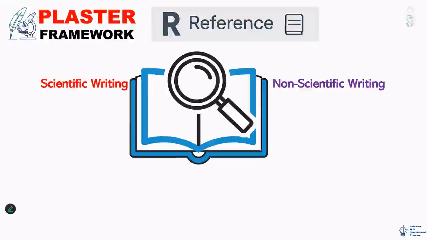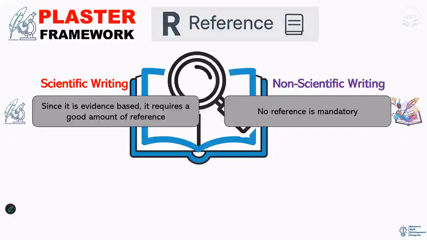And finally, the seventh component of the PLASTER framework is the reference. Since each and every statement we are making is based on certain evidence, that evidence has to be referred to in your document. As I said in the beginning, the basis on which we make a statement should be accessible.